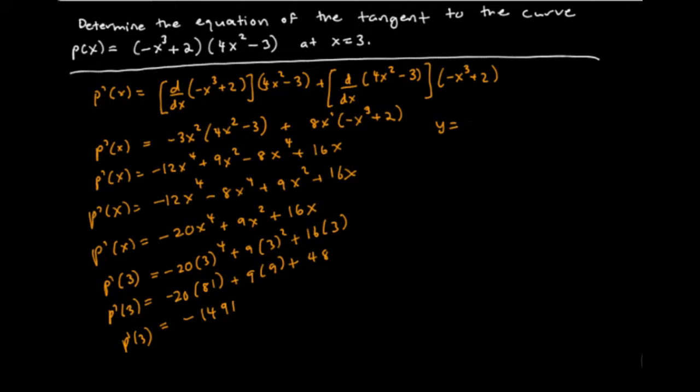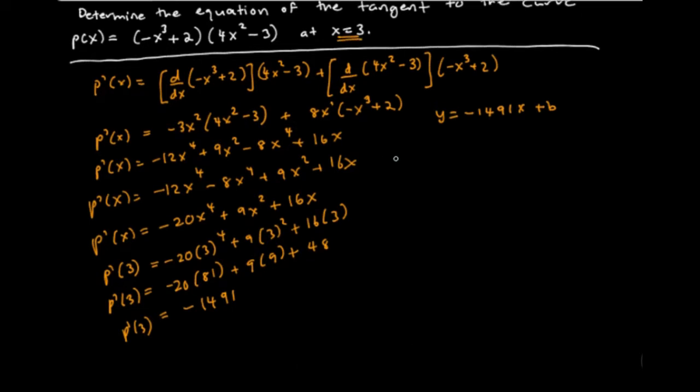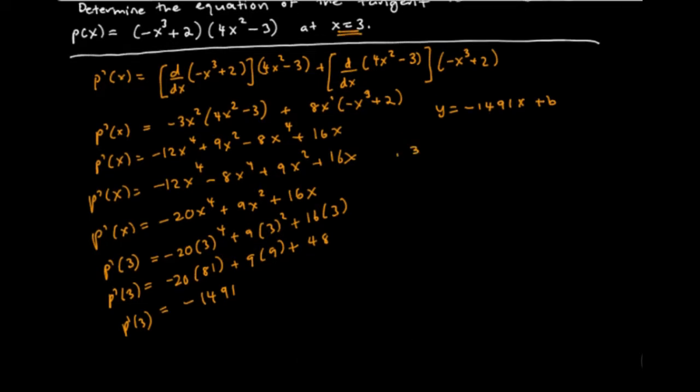So now we have the slope of the tangent, it's negative 1491 x plus b. If you want to solve for the y-intercept, we need to find the equivalent point at x is equal to 3 for y. Okay, so we need to find the equivalent y value. So if we know that the point is going to be 3 and p of 3, what we want to do is find p of 3.